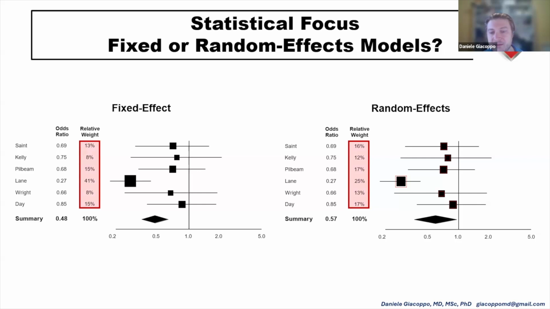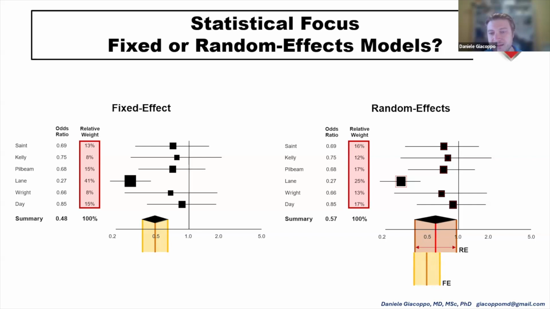And the additional component of the random effects model is tau square, which is the between study variance. This will generally imply a larger confidence interval when tau is not 0, which accounts for the uncertainty between the trials. You can see that the point estimate of each trial, the odds ratio of each trial, and the 95% confidence interval are the same between the two models.